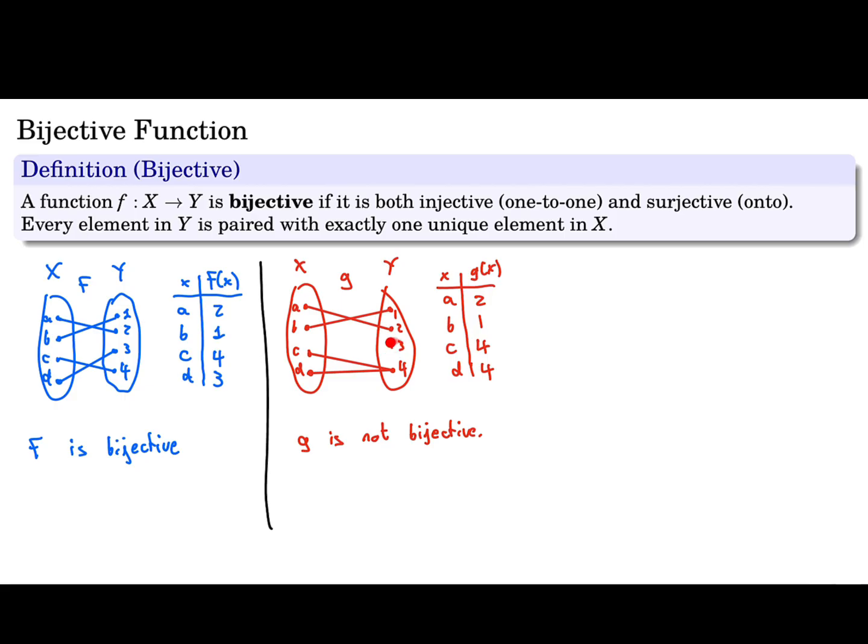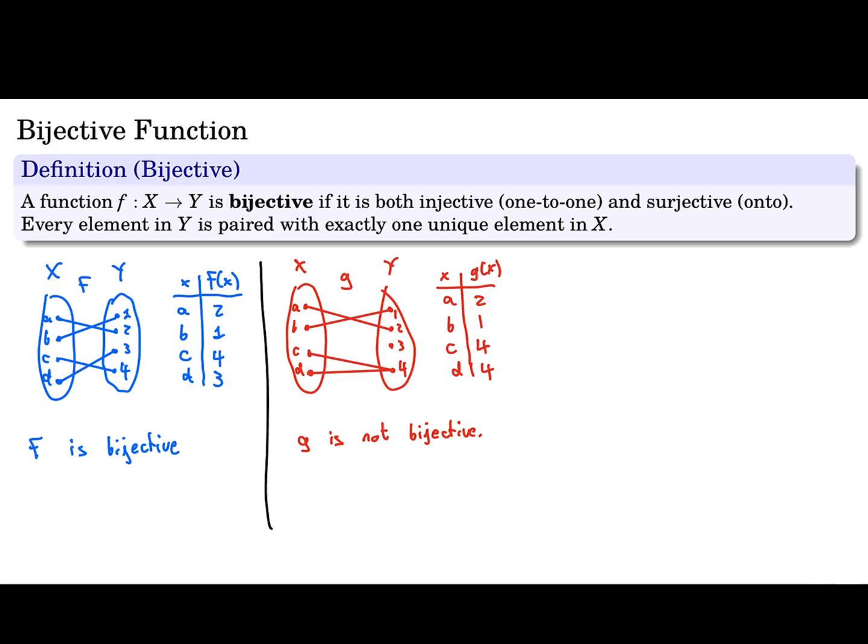And it's also not injective because if you look at 4 here, we do not know if it's either C or D. It's not a unique input that gives you this output. So two different inputs give the same output.